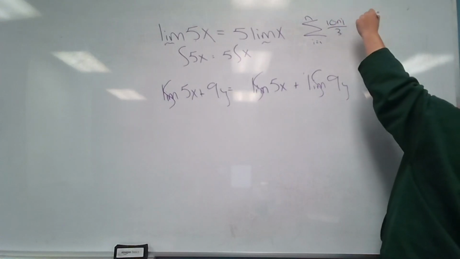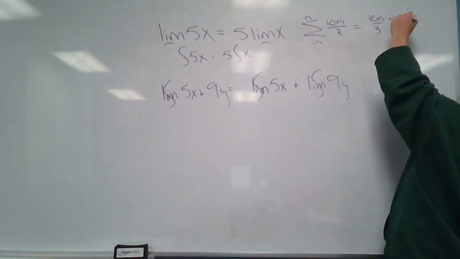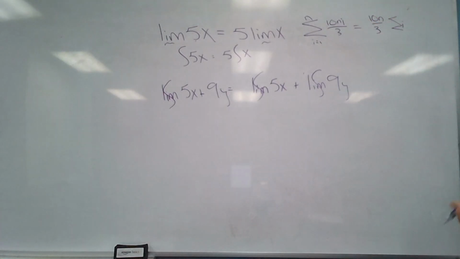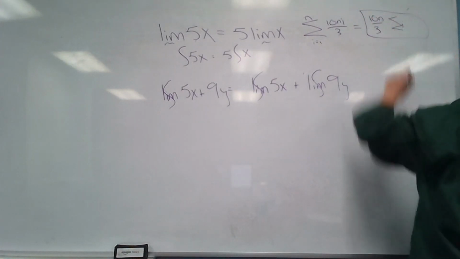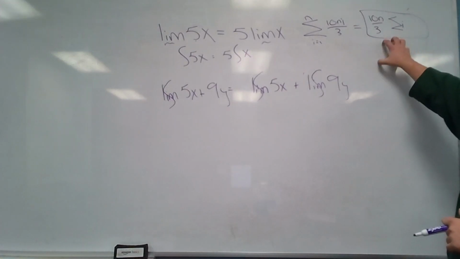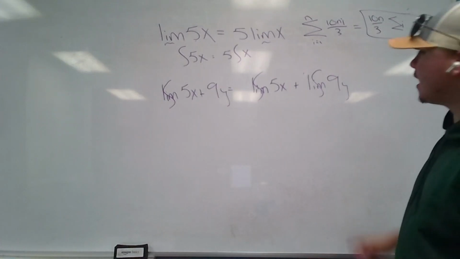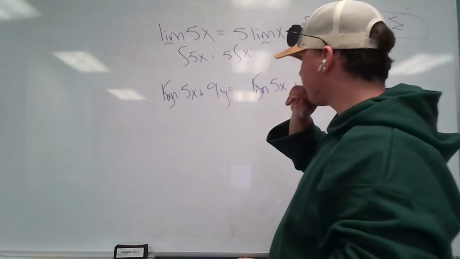I can do this: it turns into 10n over 3 times the sum of i. This right here is going to be the most important idea when you are evaluating your integrals in the Riemann sum form. This concept is the first step in how you convert.